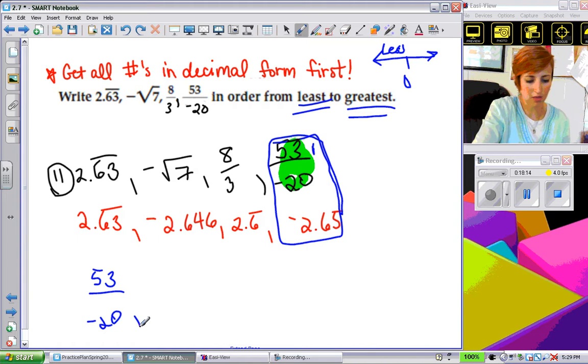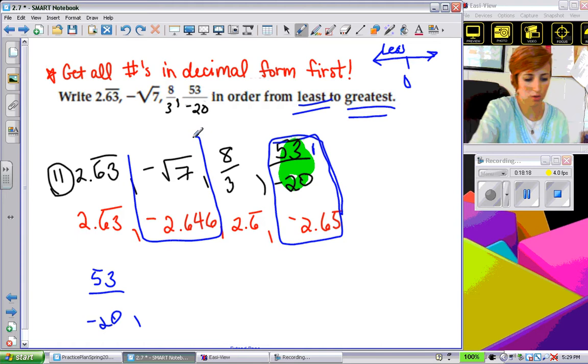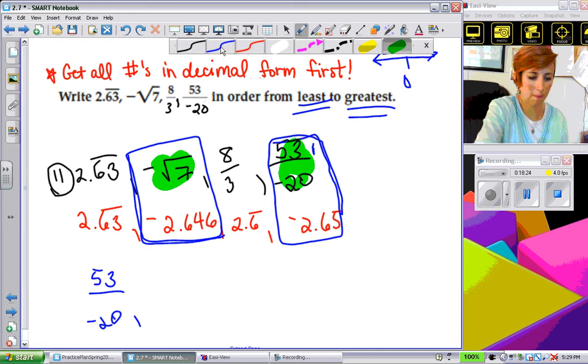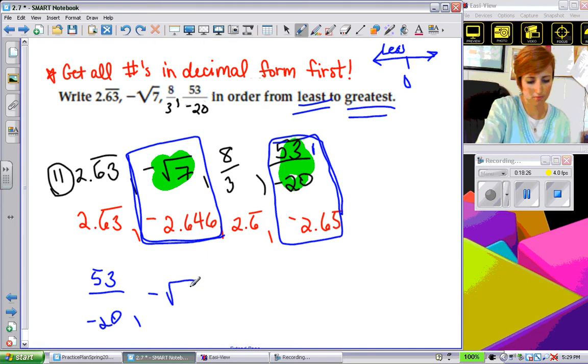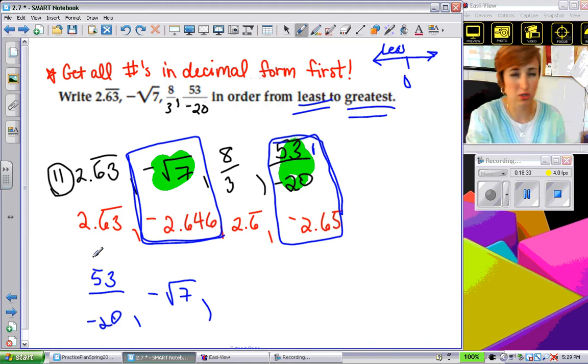Then my only other one I have is my negative square root of 7. So once again, we're going to write in the original, which was negative square root of 7. All right, then I have 2.63 repeating and 2.6, which means the number after this one's another 6.